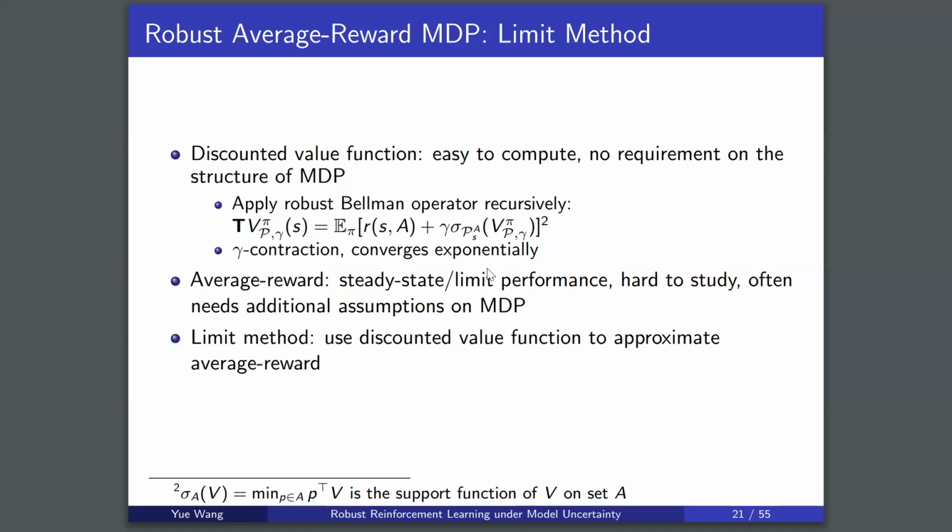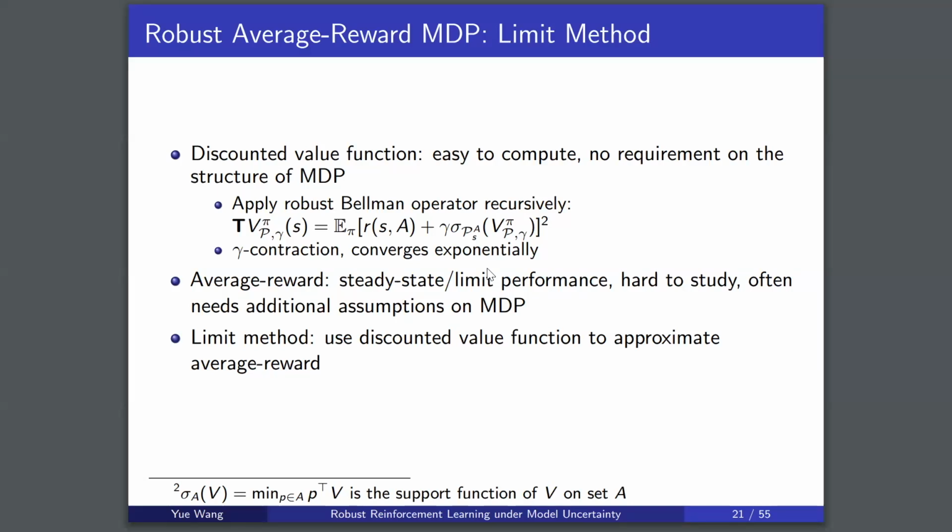Yes, you can see from this sigma function. The sigma function is defined to be the support function of this vector on this uncertainty set. So it measures the worst case performance of the next state. If you compare with a non-robust setting, here it will be replaced by a specific transition kernel P times this vector.